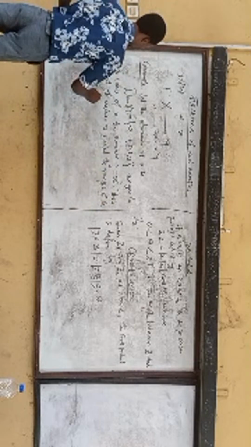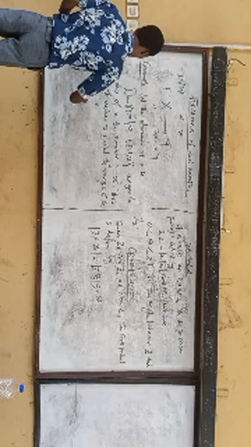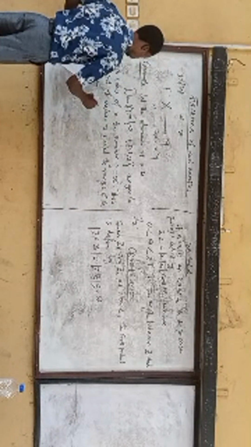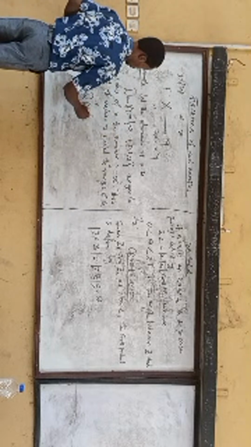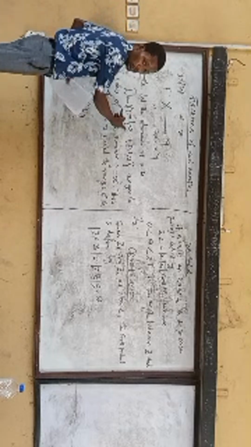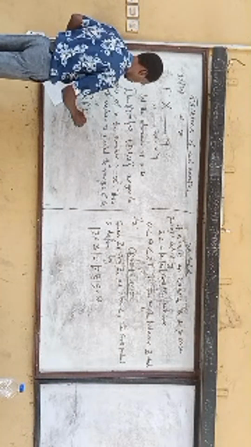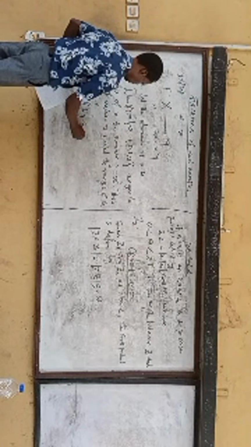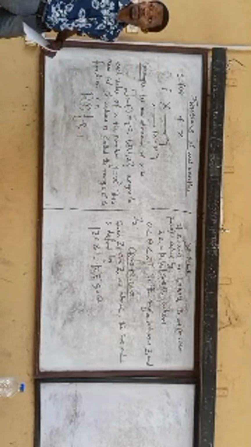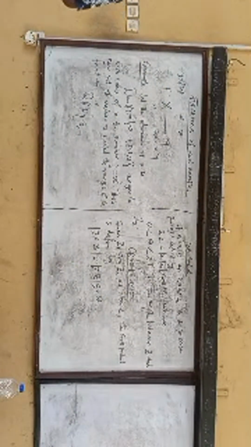So the range of f is going to be: -2 raised to the power 3 will give us -8, isn't it? Are we together here? Are we together?